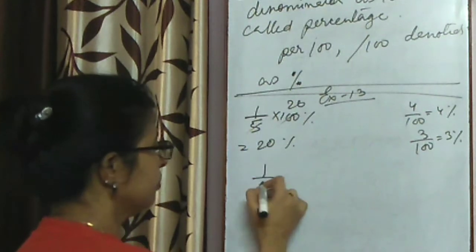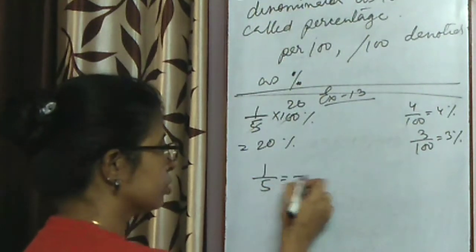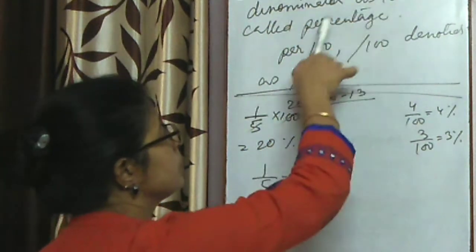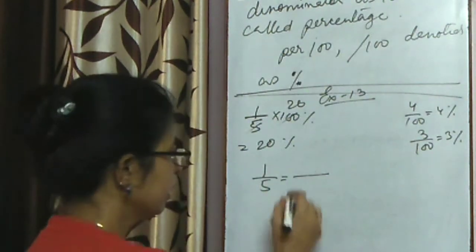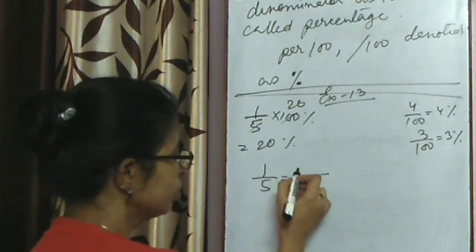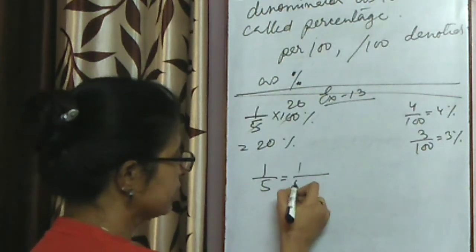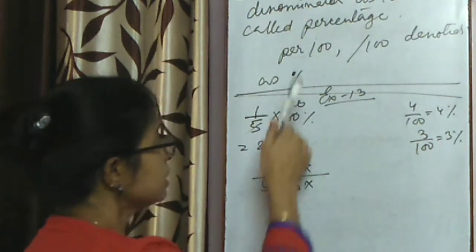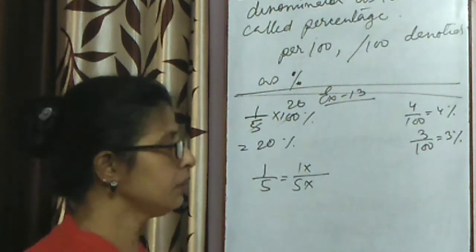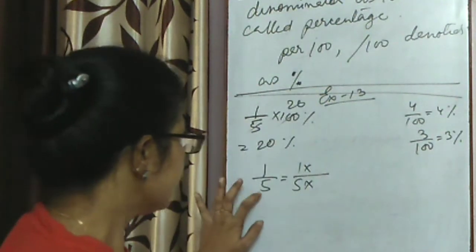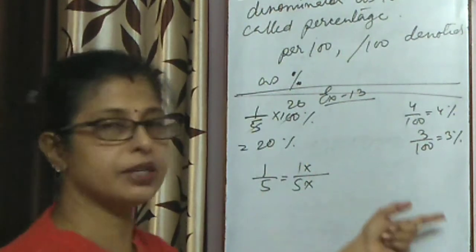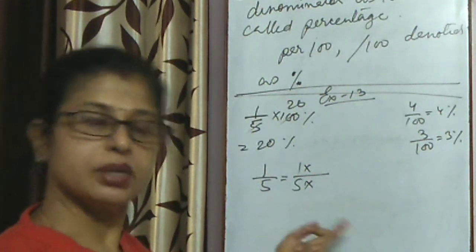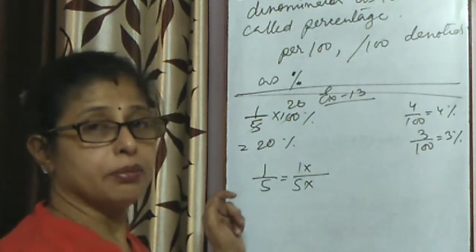But the same sum we can do in another way also. By the definition, what does it mean? The denominator, if you can make it 100, then it can be converted into percentage. So this process is possible whenever this number can be converted into 100. Like 3 cannot be easily converted into 100, but it can also be converted by dividing.